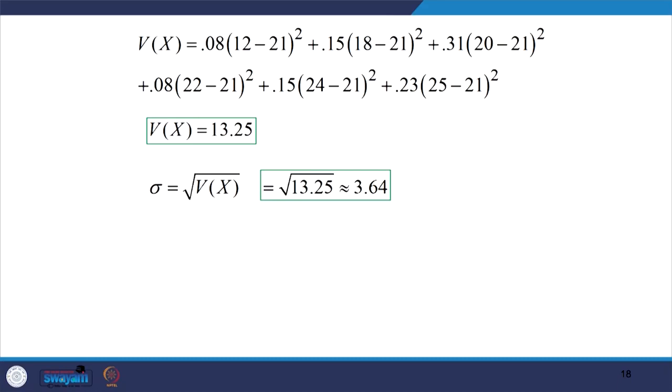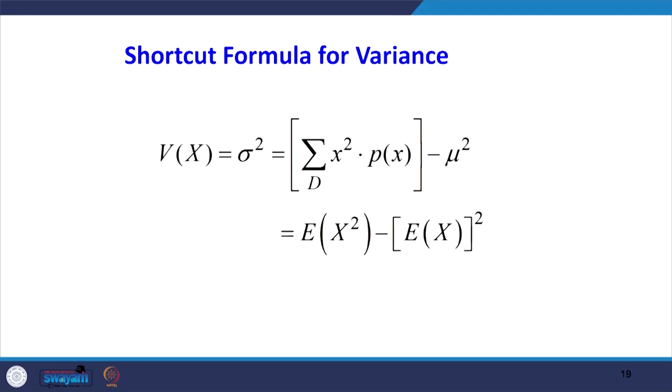So, what we have seen in this problem: the data is given, first we constructed an empirical distribution, then we used the formulas of mean and variance to find the mean and variance. Another shortcut formula to find the variance comes from E of (x minus mu) whole square.